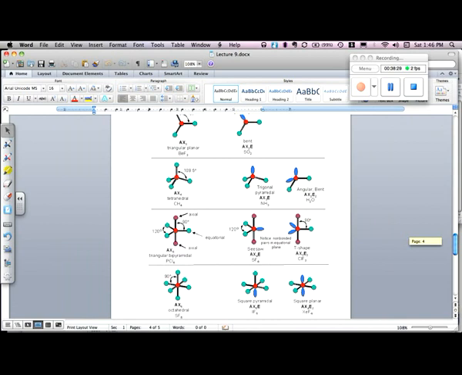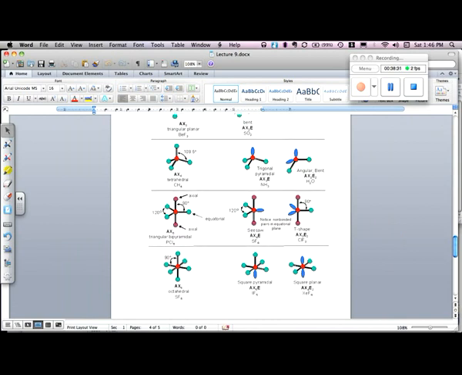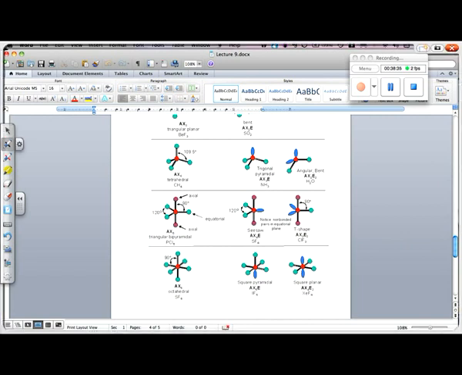The two things I want to talk about are, one, on your sheet, you have an extra geometry drawn in. My beautiful drawing. So you've got this drawn in because they left it off. It is possible in the steric number 5 to have 2 bonded groups and 3 lone pairs.